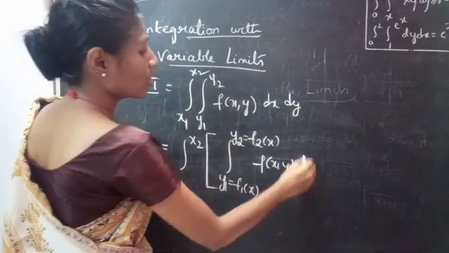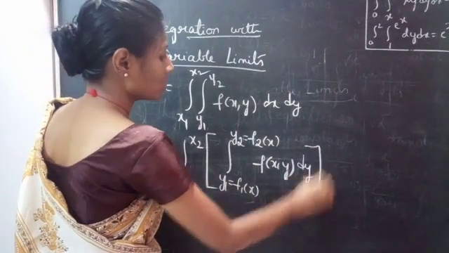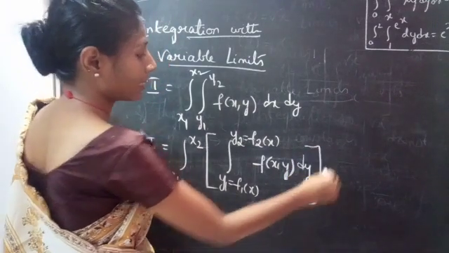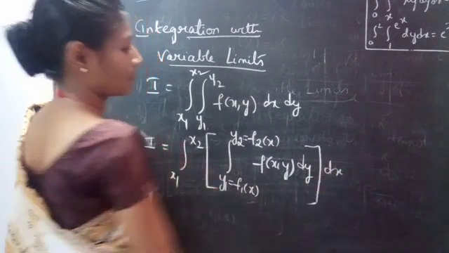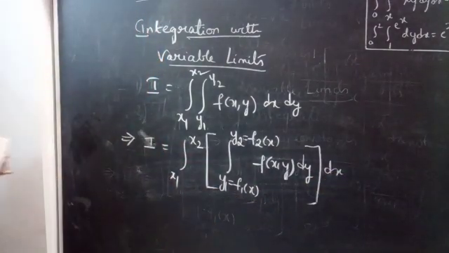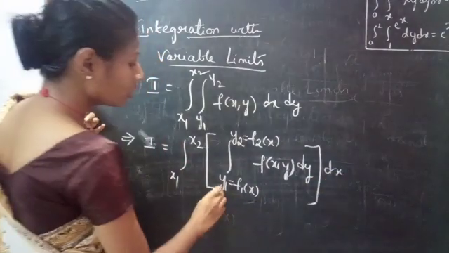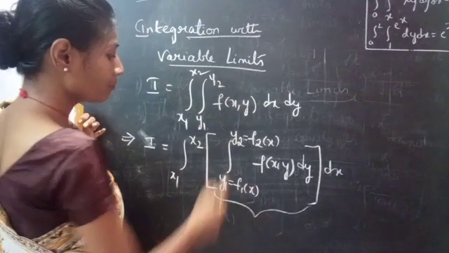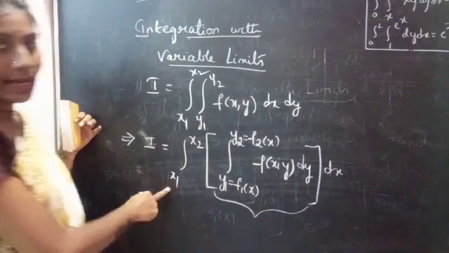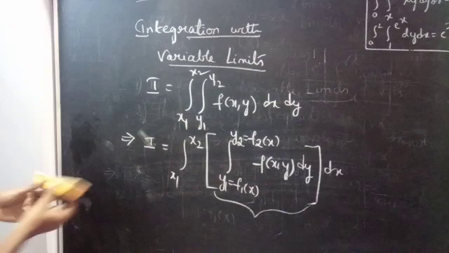So you'll write dy first, differential dy into dx. First you'll evaluate for y and then you'll go for x. Let's see some problems.